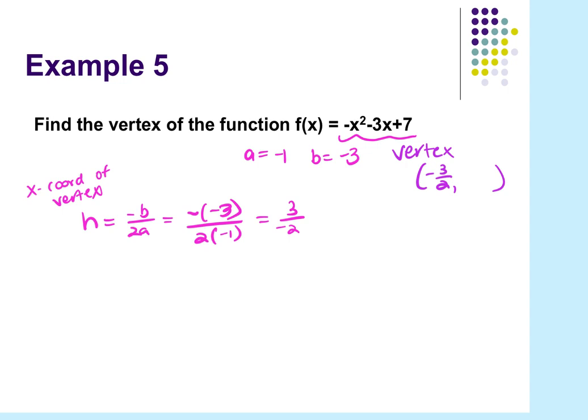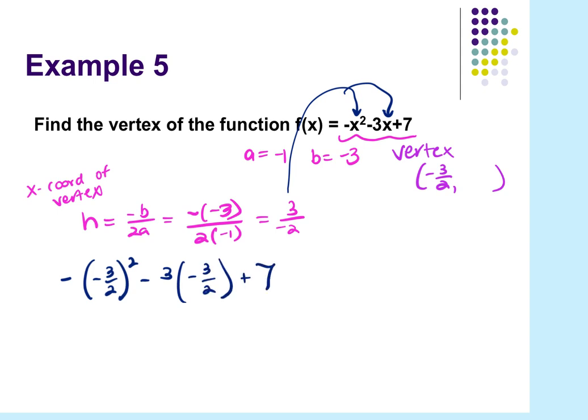Now I've got to plug that back in. So I'm going to plug that back into each of the x values here. I get negative, it goes in parentheses, so negative 3 halves squared minus 3 times negative 3 halves plus 7. And this is going to equal the y, specifically k, the y coordinate of your vertex.